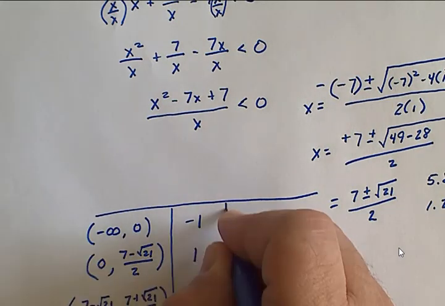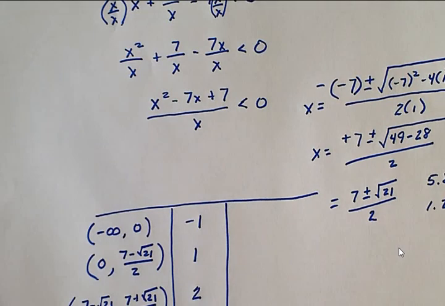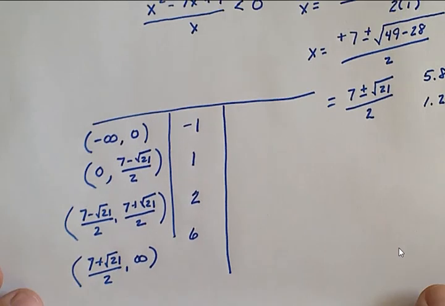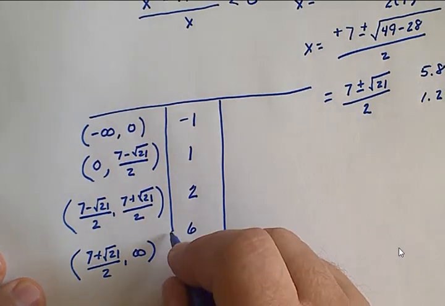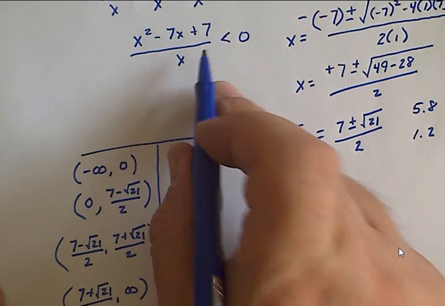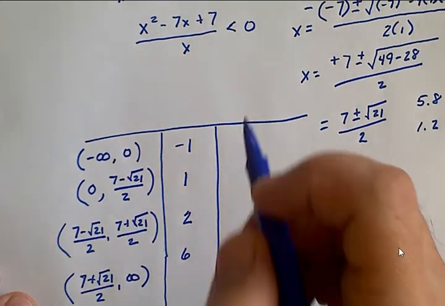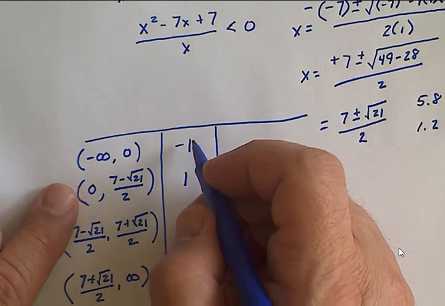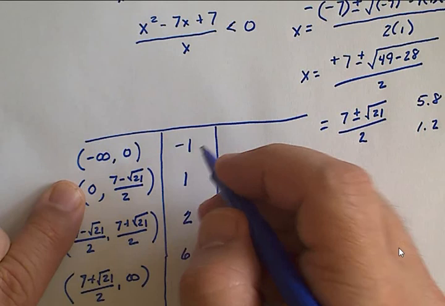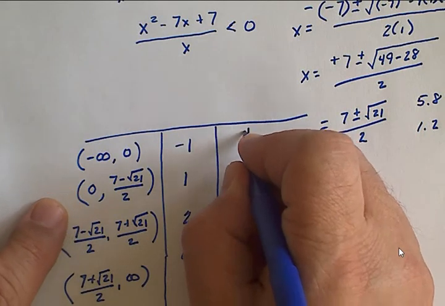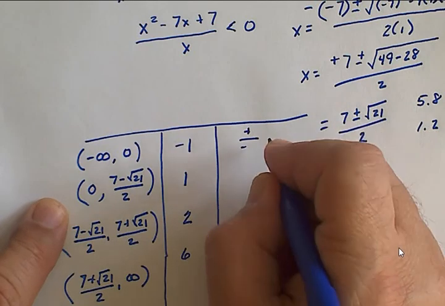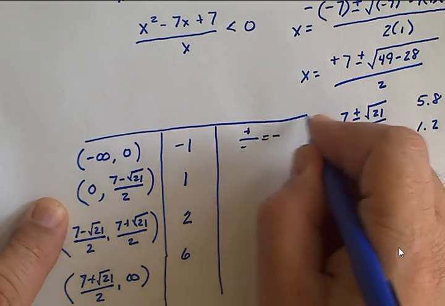Okay, now plugging those in one at a time. Again, I'm going to use my simplified form here. So plugging in -1, when you plug it in on top, I end up with a positive on top and a negative on the bottom. That equals negative. That is what I want.